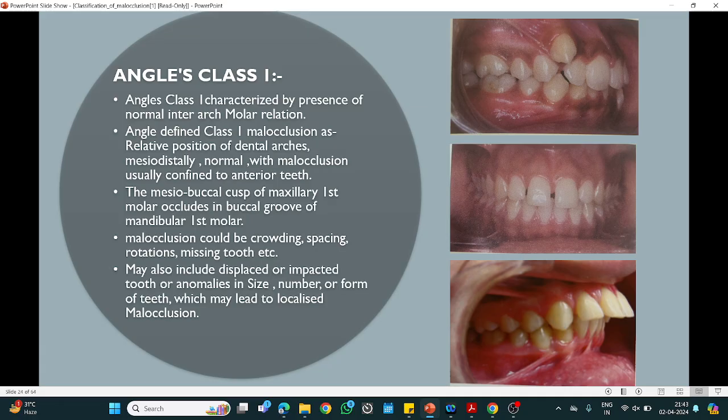The mesiobuccal cusp of the maxillary first molar occludes in the buccal groove of the mandibular first molar. Malocclusion could be crowding, spacing, rotation, missing tooth, anything. It may also include displaced or impacted tooth anomalies.